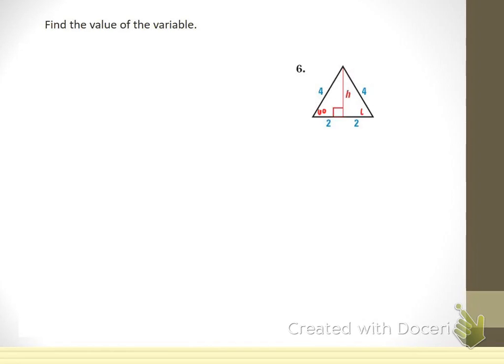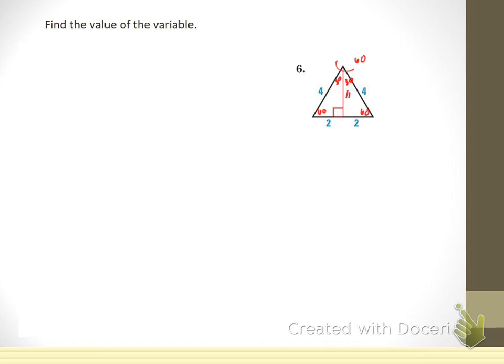So this is 60, this is 60, and this is 60. But when you drop this altitude to represent the height of the triangle, you do create two right triangles. So the left-hand side is a right triangle that has a 60-degree angle in it, so that means this is going to be 30, and this guy's going to be 30 also.